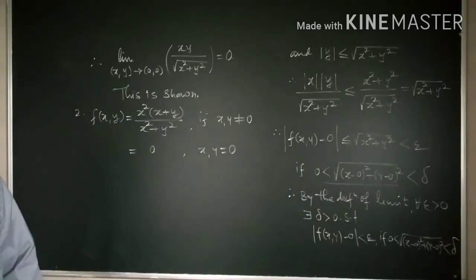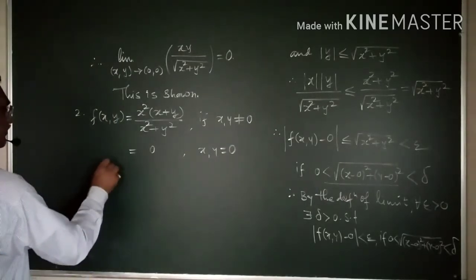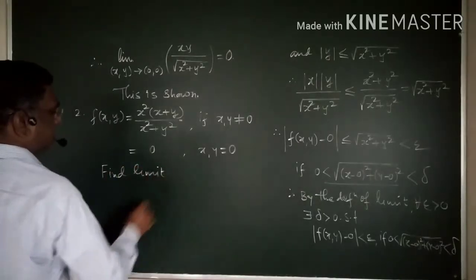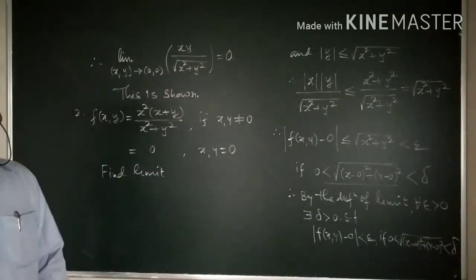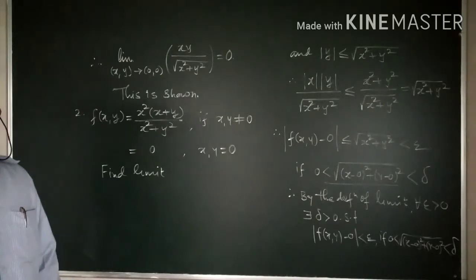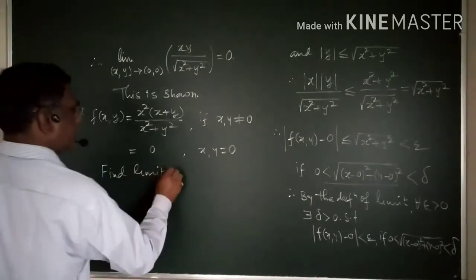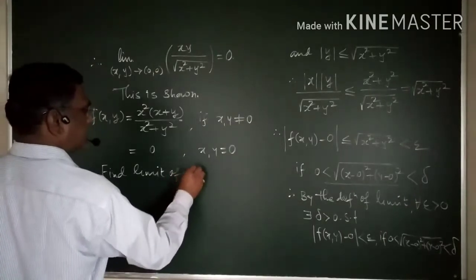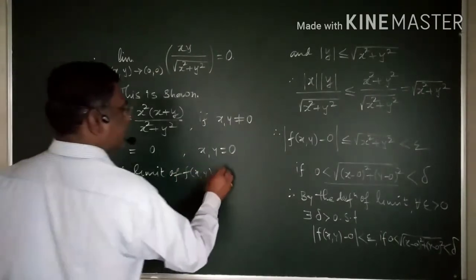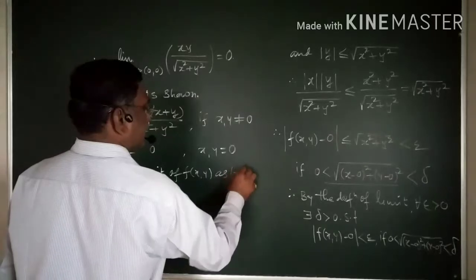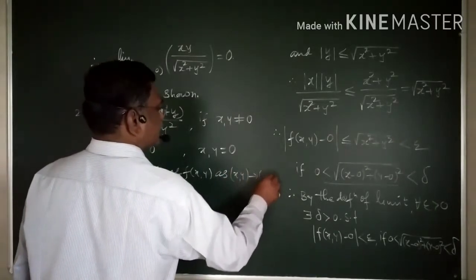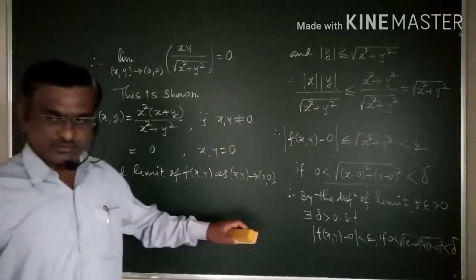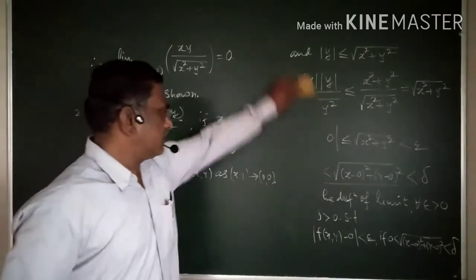This is given to you. Now the question is to find the limit of f of (x, y) as (x, y) tends to (0, 0). This is the question.